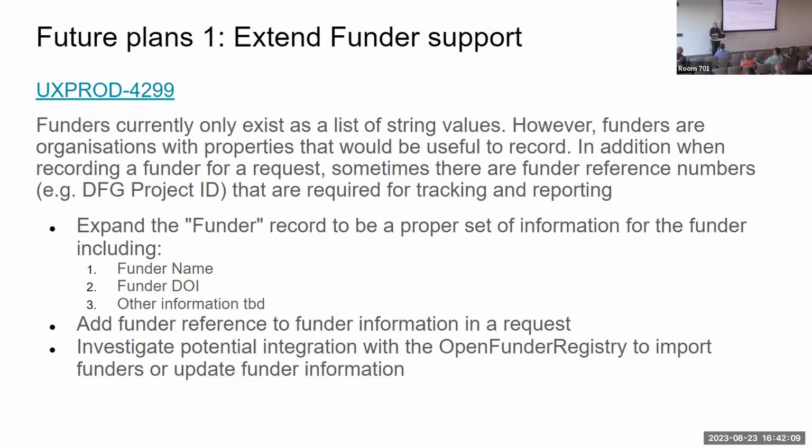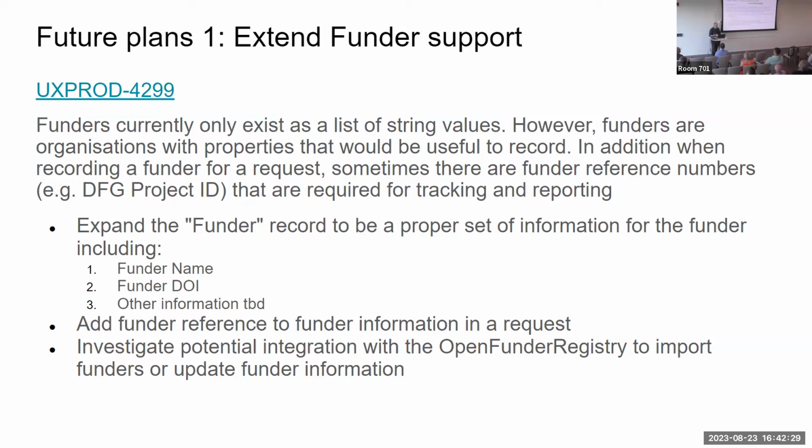So if you say this piece of research is being published as part of this grant, it may be that the grant is paying part of the cost. So you want to know the grant number for reporting. The funder wants to know how many papers were published under this grant number, all of these things.